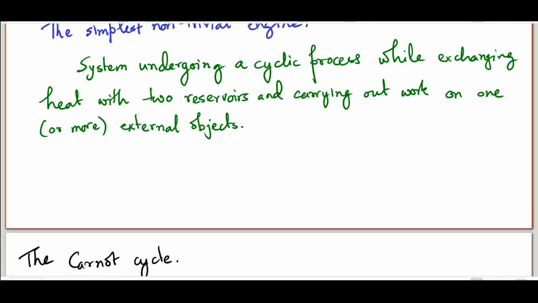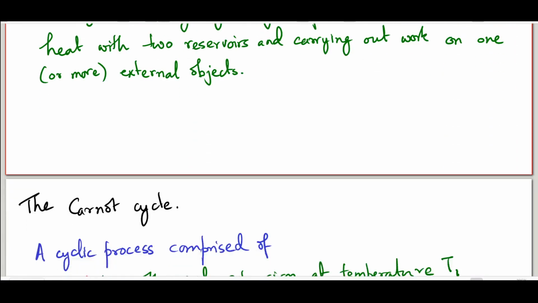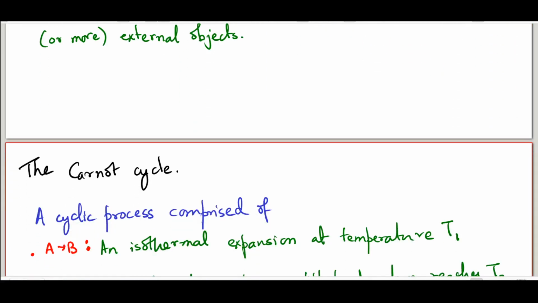The Carnot cycle is really a very simple cyclic process. It's composed of 4 steps between states which we will call A, B, C and D. The step from A to B is an isothermal expansion at temperature T1. This temperature is a special kind of empirical temperature which is the ideal gas scale temperature.